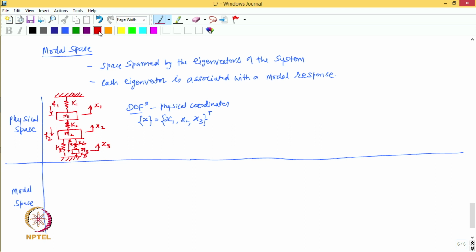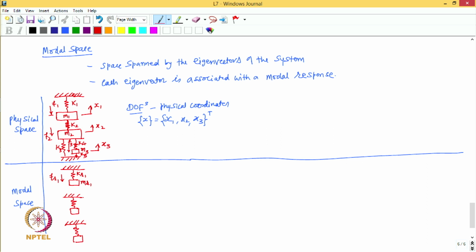Now, let us see what is there for the modal space. In the modal space, the system can be represented by 3 hypothetical single degree of freedom systems. So, I have this first system, then the second system and then the third system like this. This first system has stiffness K R1 and modal mass M R1, and the force acting on this system is F R1.